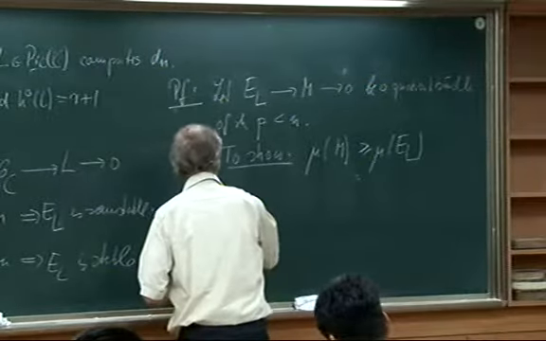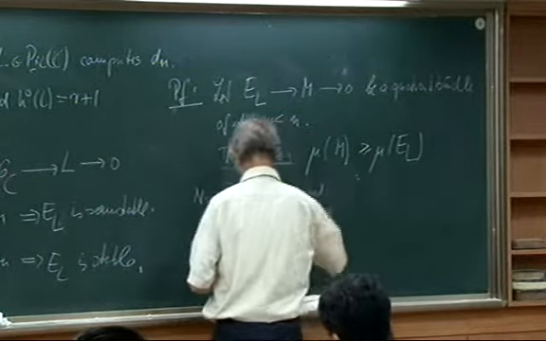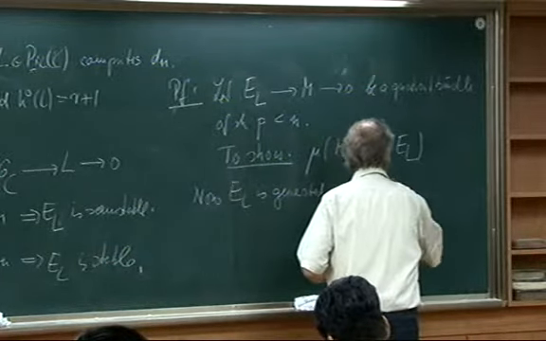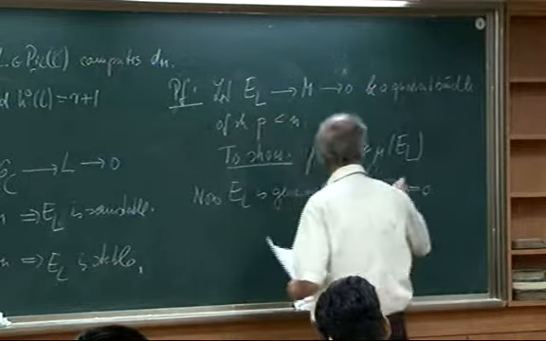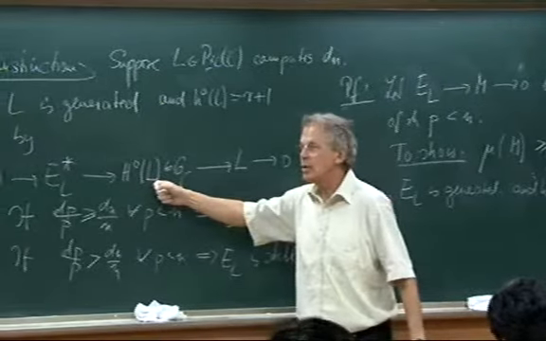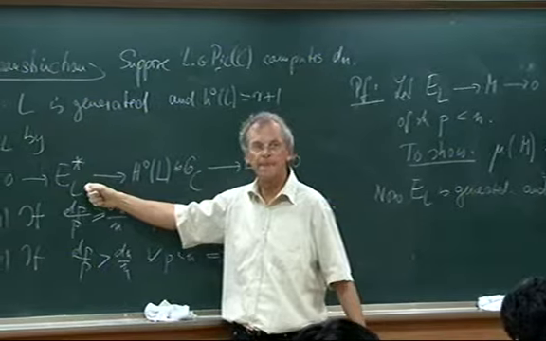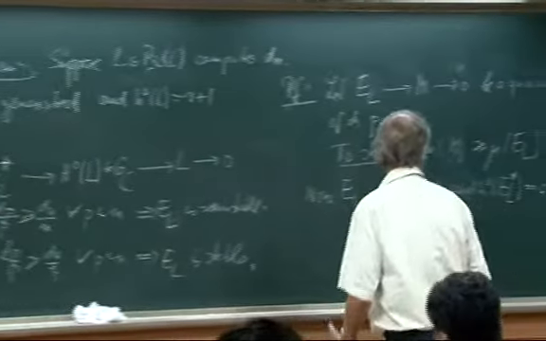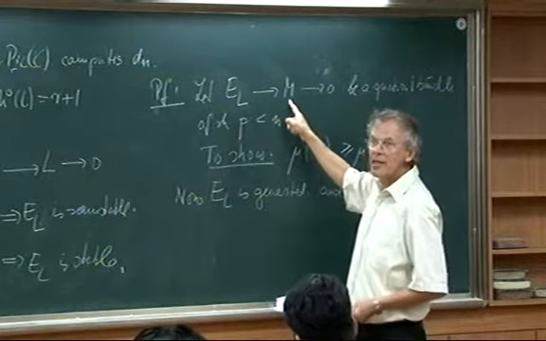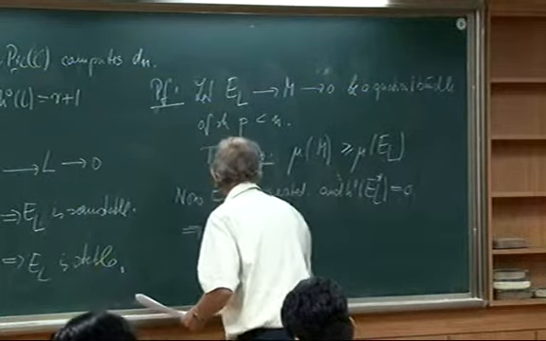Now, H0 of EL star is equal to 0, because on the H0 level, this is an isomorphism. Then this has to be 0, the H0, right? Okay, this means, if EL is generated, then also every quotient is generated. So this implies M is generated.